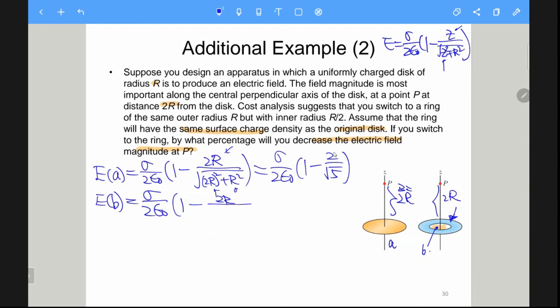This is still 2R here, but the radius now becomes half of R because of the hollow part. So after some algebraic simplification, we know that this is 1 minus 4 over square root of 7.